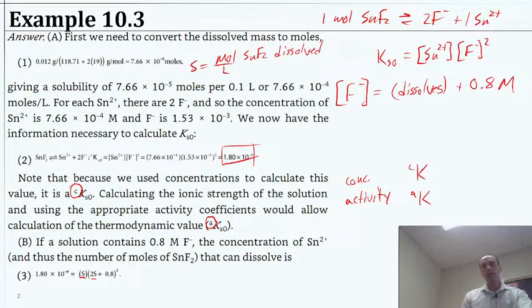If we define it that way, then every 1 mole of the SnF2 gives us the 2F minus and the 1 Sn2 plus. And we could write, let's see, how can we put that into the equation form?